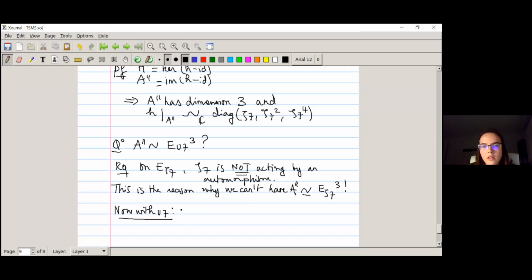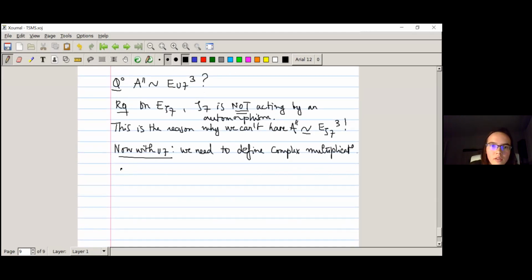So now with U7, we need to define complex multiplication. So definition. We have two definitions. First, we'll define a CM type. So a CM type is first a field K, totally complex.